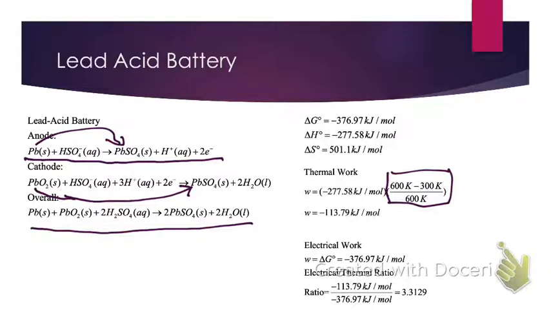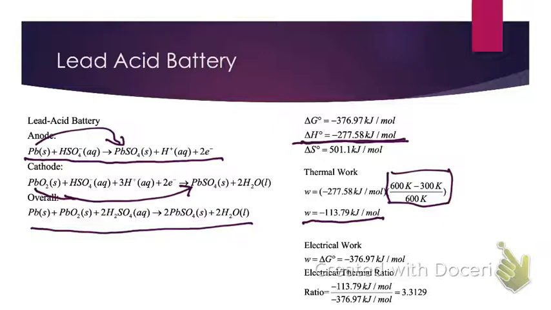So if we take the efficiency of the Carnot engine and multiply it by the amount of heat, the enthalpy change associated with the reaction, the work we would get would be negative 113.79 kilojoules per mole. So we could get work out of it with the exothermic reaction and the efficiency associated with the Carnot engine. That's how much we would get.